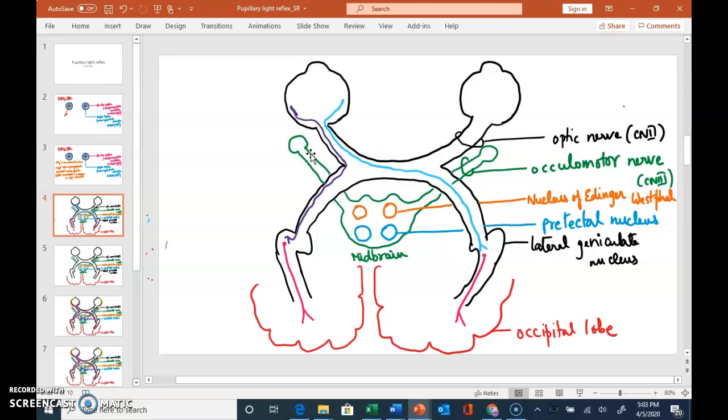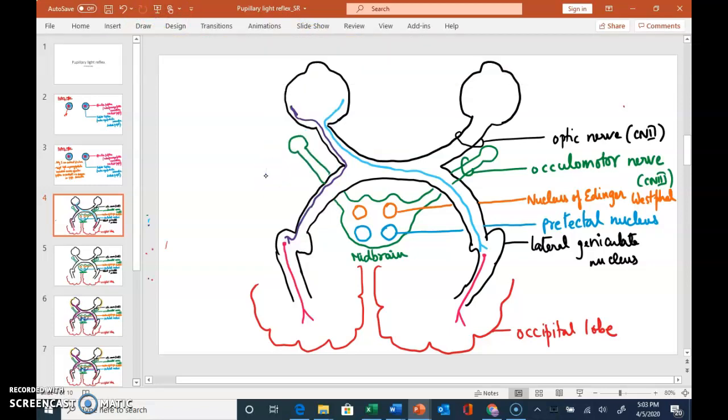On the other side of the same eyeball, or the left eyeball, we also find blue neurons that carry visual information via the optic chiasm to the opposite lateral geniculate nucleus, and then the blue neuron synapses with another neuron that again carries the sensory visual information to the occipital lobe of the brain.